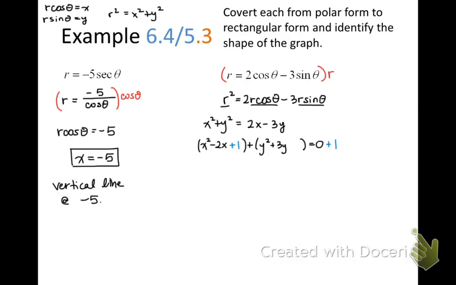All right, now I need to complete the square on my y stuff. What's that going to be? As a fraction, I don't like decimals on this. 9/4, yeah. Divide 3 by 2, it'll be 3 halves, square it is 9/4. Add 9/4 on one side, add it on the other.